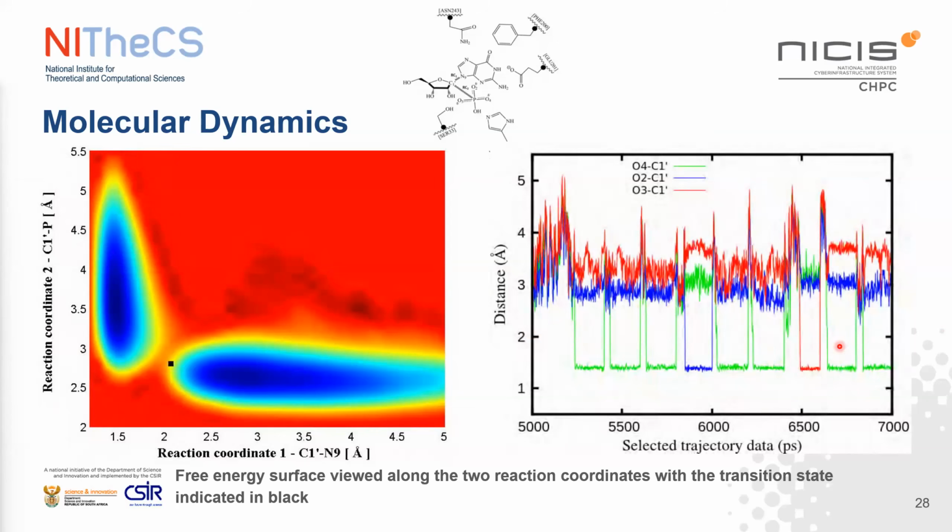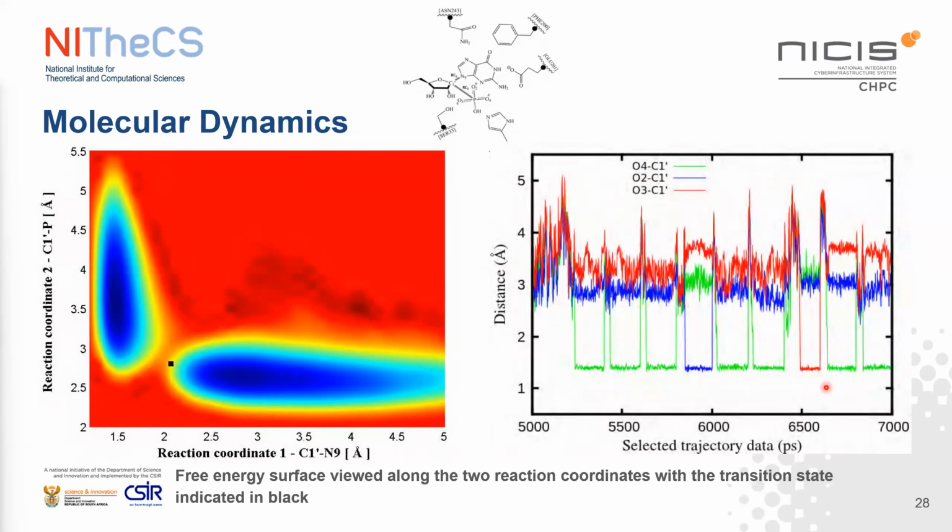well, I actually sampled a little bit further, just so that I could see what was happening. When I look at the different oxygens, there we've got O4, O2, and O3. O4 is the one that samples the most because it's the one that forms a carbon-oxygen bond the most. So O4 is the oxygen that seems the most relevant. The other two also do form bonds, but not for as long as oxygen 4 does.